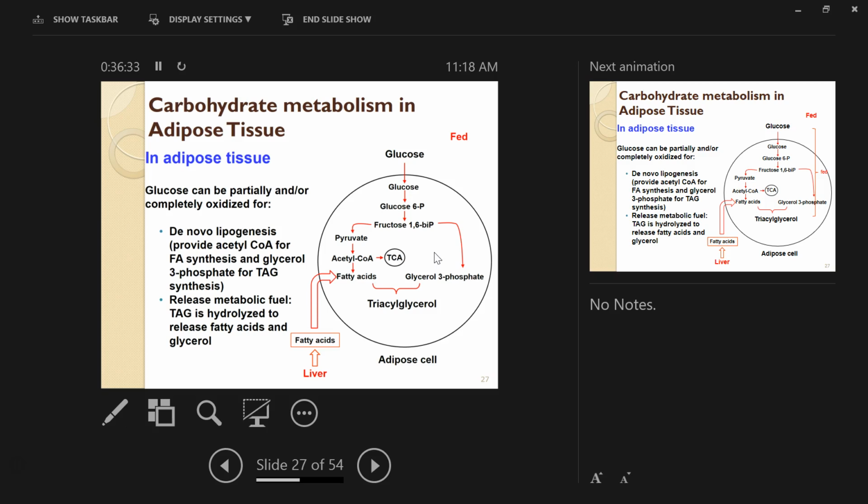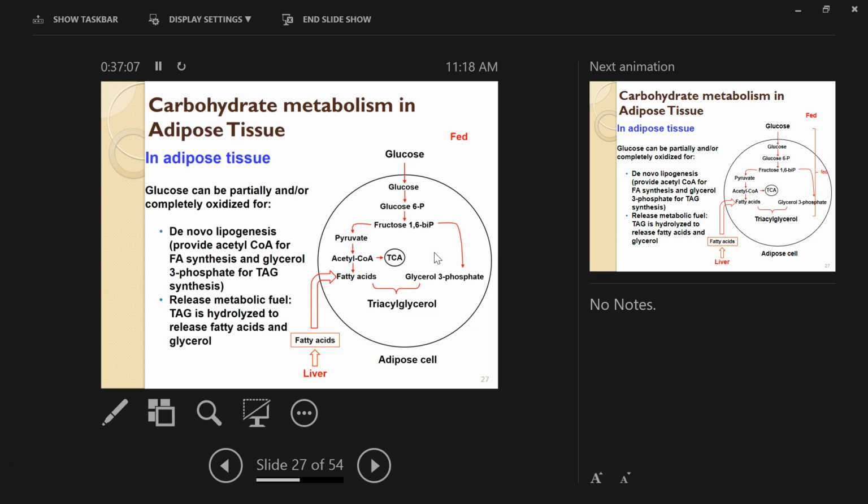And in the meantime, lots of glucose is actually metabolized to generate glycerol 3-phosphate. So glycerol 3-phosphate is the substrate of the triglyceride synthesis. Remember, triglyceride has 2 parts, right? Glycerol backbone and fatty acids. So this glycerol backbone is actually synthesized from glucose, right, from the glycolytic pathway.